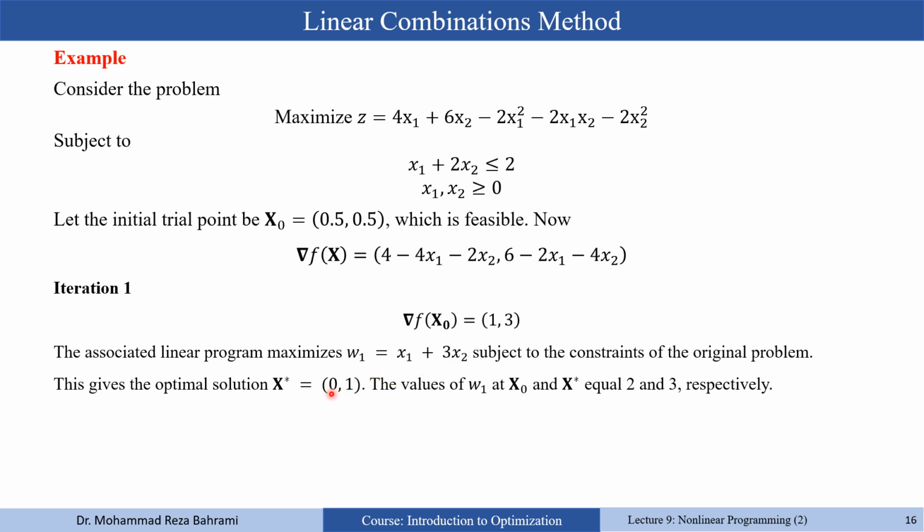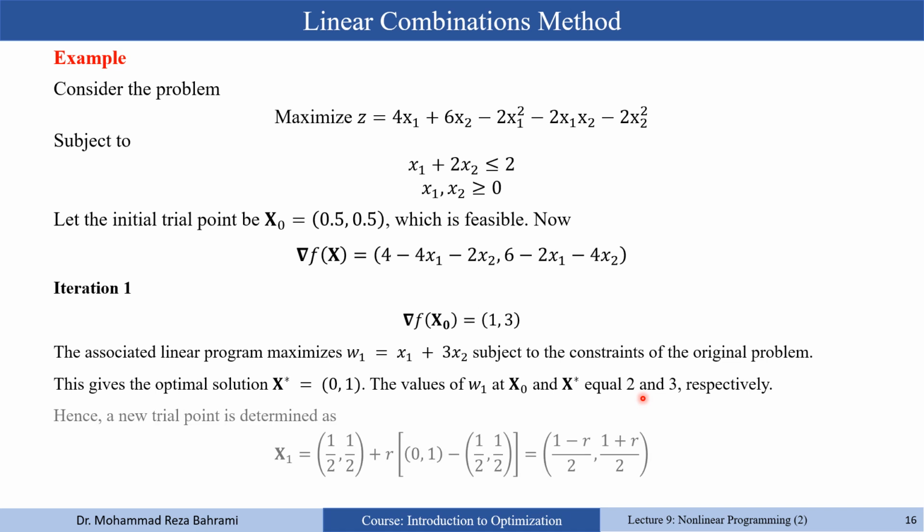So 0 and 1. You put it here, you have a 3. So by substituting x0, you got 2. By substituting the optimal of this, you got 3. They are not equal to each other. It means that we are not reaching the optimum point. We have to continue, so we need to go to the next point.